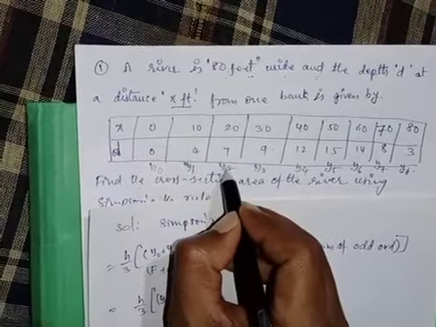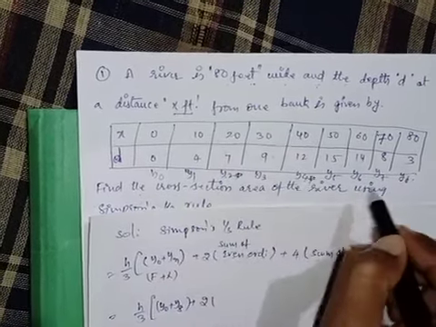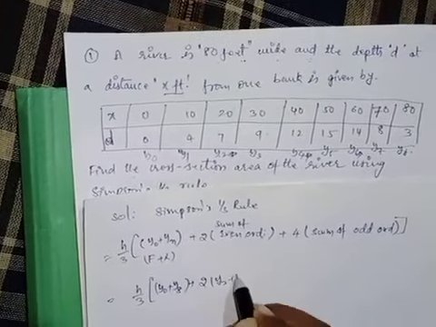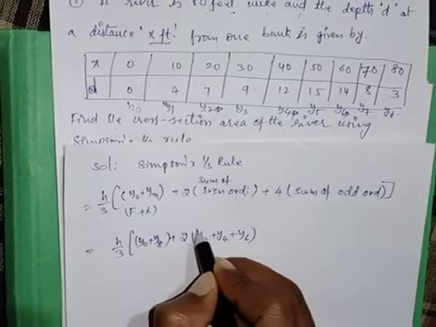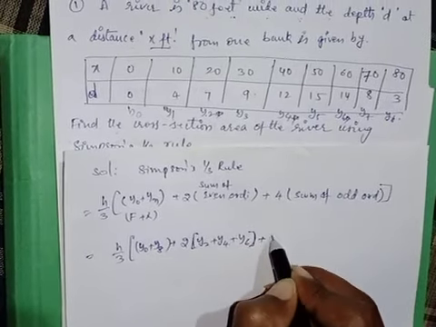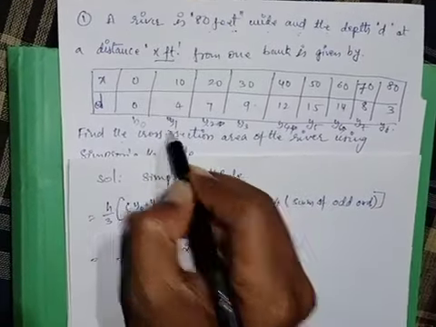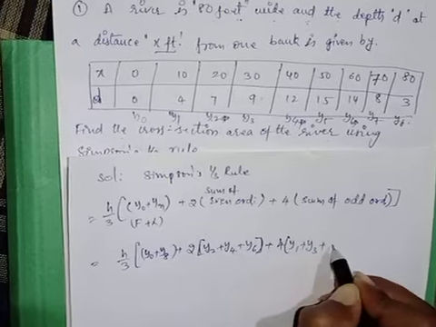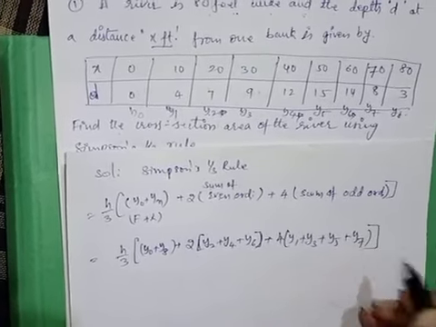Even ordinates is y2, y4, y6, so y2 plus y4 plus y6 plus 4 into sum of odd ordinates, remaining ones, y1 plus y3 plus y5 plus y7.